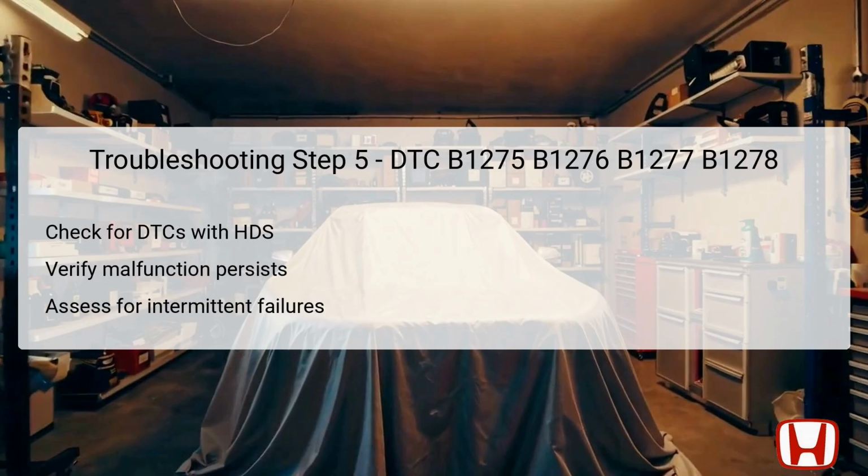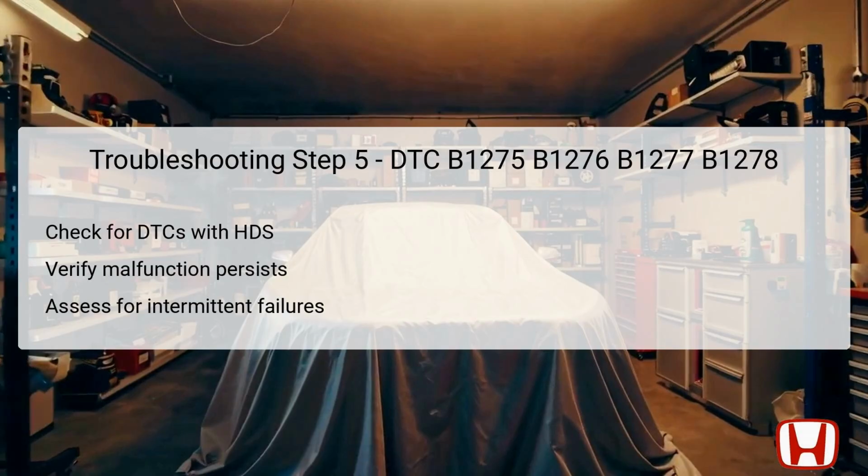In the 5th step, once the necessary waiting period has elapsed, the technician should again check for any DTCs using the Honda Diagnostic System, HDS. This procedure is vital to determine if any of the previously indicated codes, B1275, B1276, B1277, or B1278, are still present.